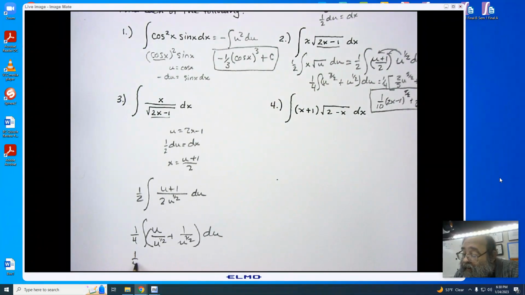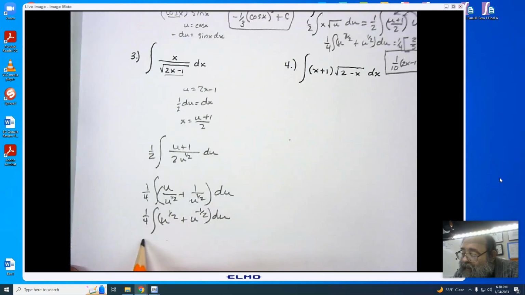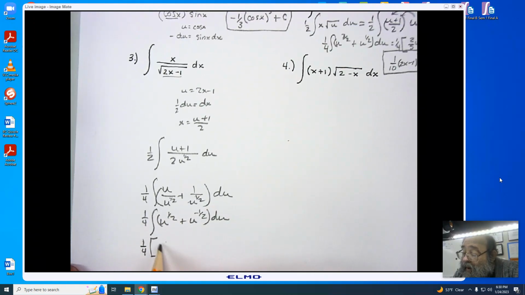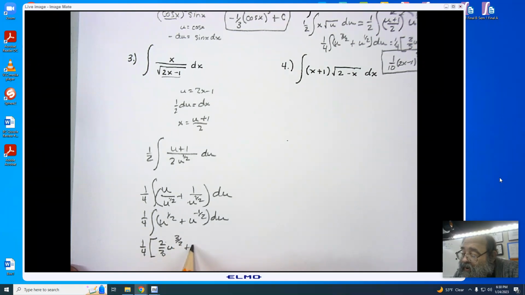I get 1/4. This is the integration of u to the 1/2 plus u to the minus 1/2 du, and therefore I get 1/4, 2/3 u to the 3/2 power plus 2 u to the 1/2 power plus c.